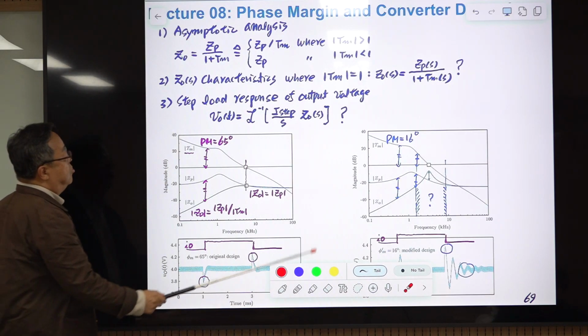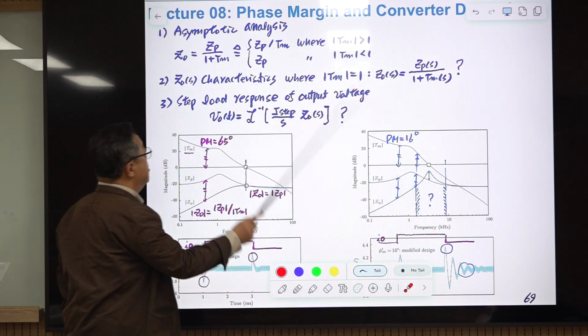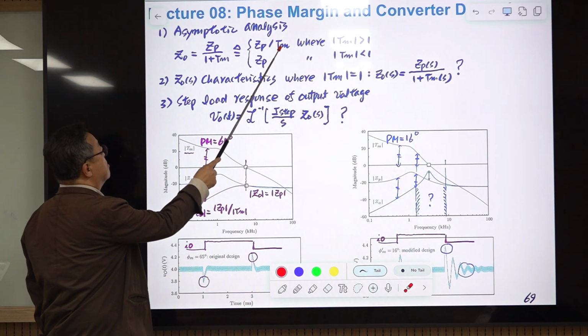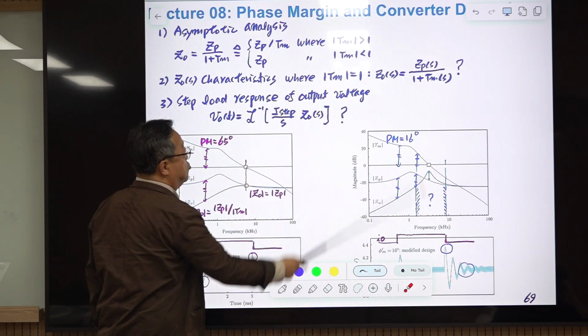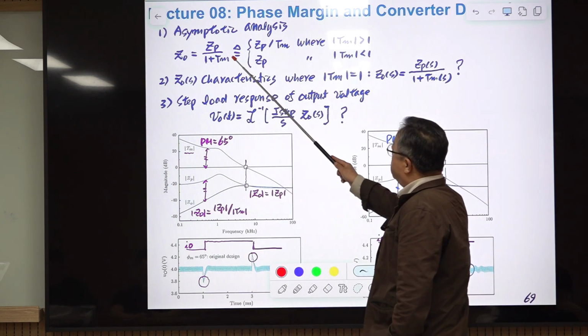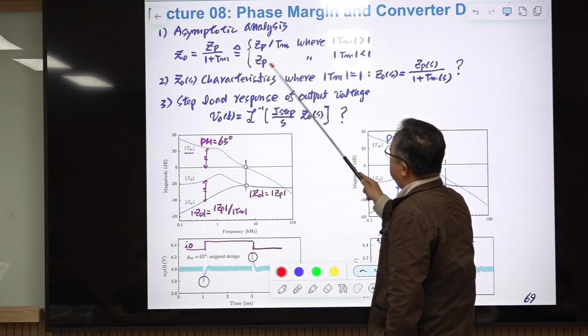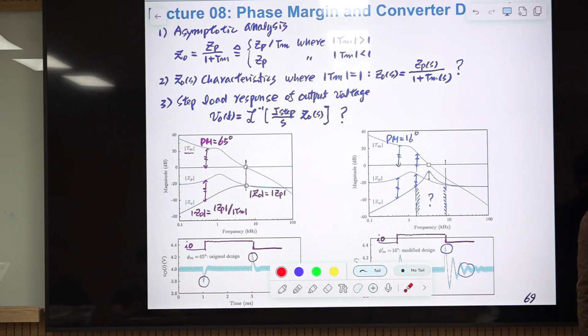So if the magnitude of the Tm loop gain is larger than unity, we use this, and if the magnitude of the loop gain is smaller than unity, we just get rid of this Tm and use Gp as the Go expression. That is the basic approach in the asymptotic analysis.